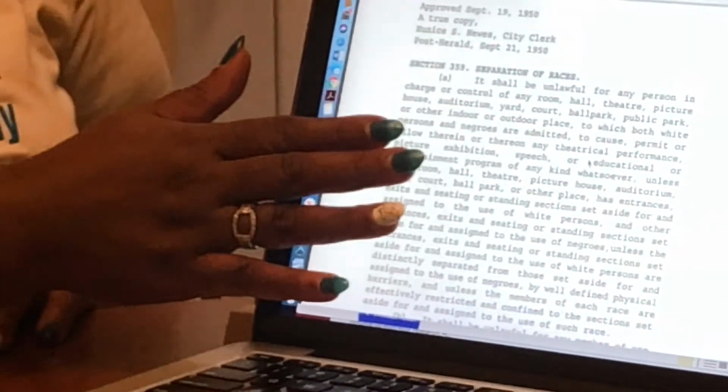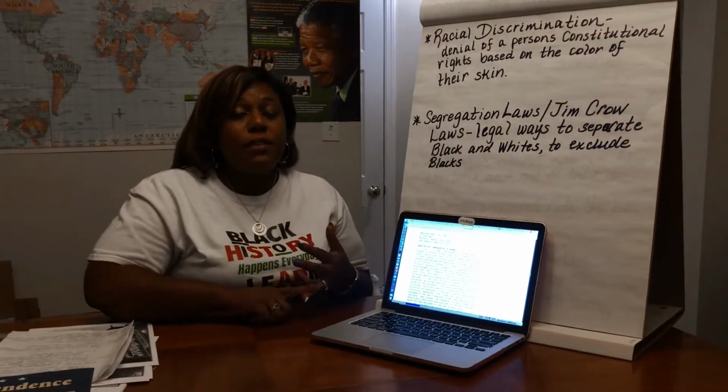In other words, this is saying that black people and white people cannot be in the same public places. No movie theaters, no baseball parks, no restaurant, no public libraries. None of that can be done so that they can be together.